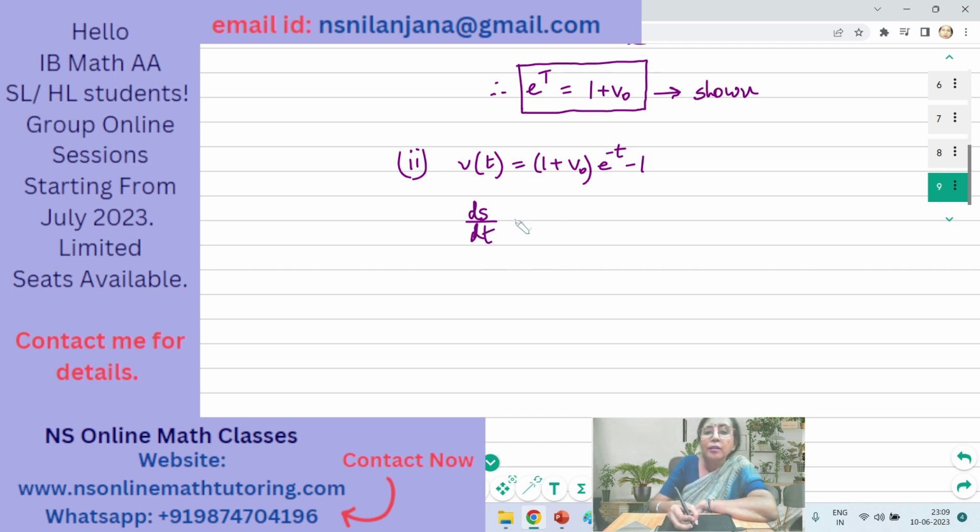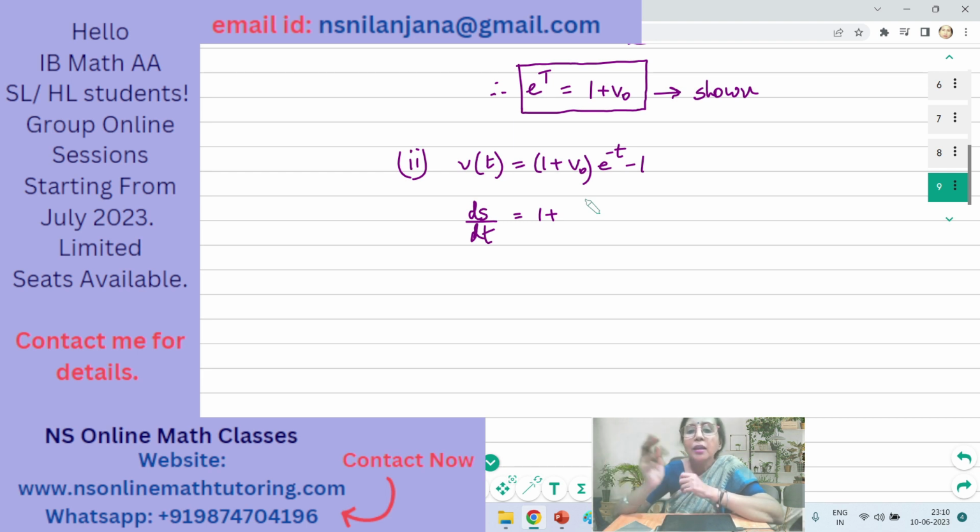So ds dt equal to 1 plus V0. Now V0 is a constant, the velocity at time t equal to 0. So 1 plus V0 is a constant, the coefficient of e to the power of negative t.